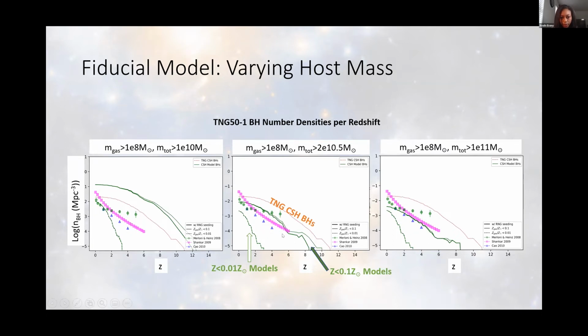But we see in our 0.1 solar metallicity models that they do span the parameter space of the empirical data pretty well, spanning regions above and below. We also notice for the 0.01 solar metallicity models that in this group of data, they do not produce black holes early enough.